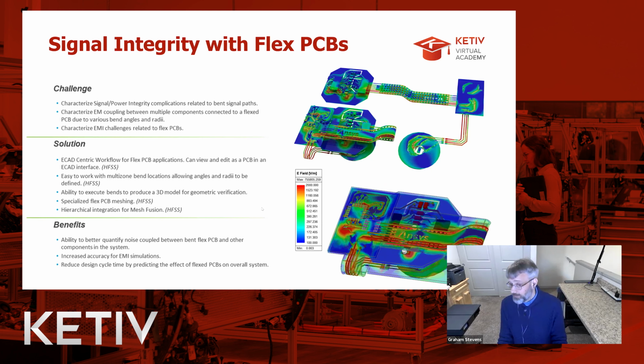And a new capability that's arisen over the last few years is the ability to do flex PCBs as well. And so if we look at different positions that the flex is in, and then how does that impact the signal, this is a new and exciting capability that Ansys can handle.